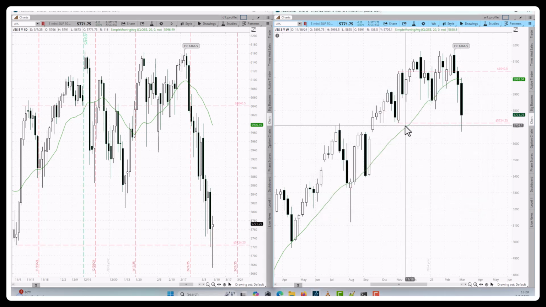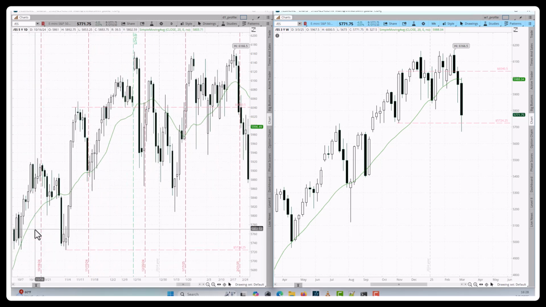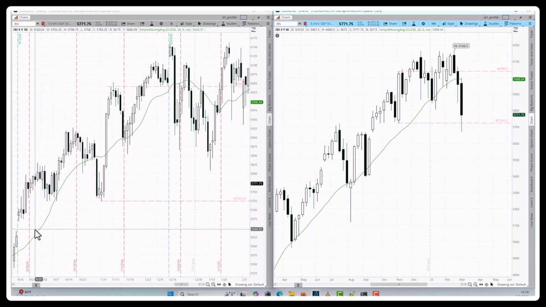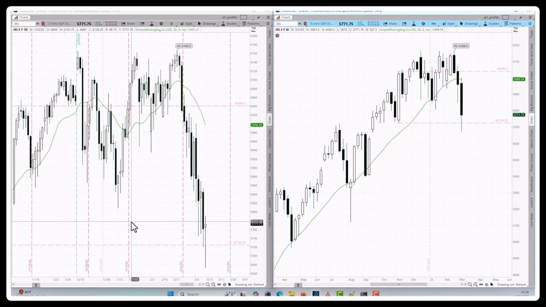Okay, when we mark the level, we see how it's reflected in the daily time frame. Very critical. That's our daily time frame. Beautiful.